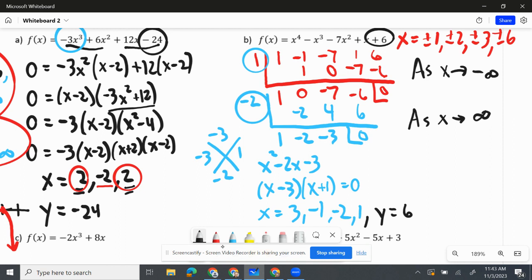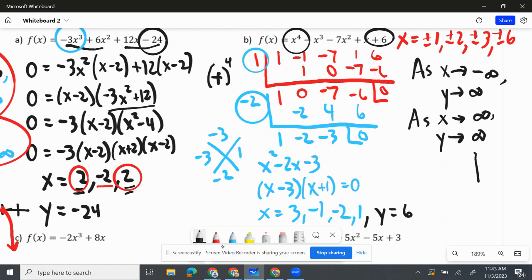So when I plug in a negative into the x to the 4th, a negative to the 4th power would be a positive. So that means that y approaches infinity. When I plug in a positive infinity, infinity to the 4th would be a positive. So that means that y approaches infinity.